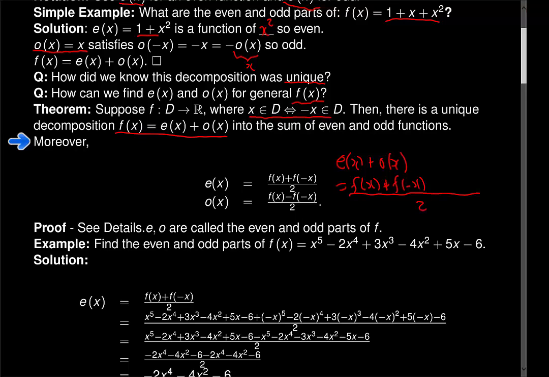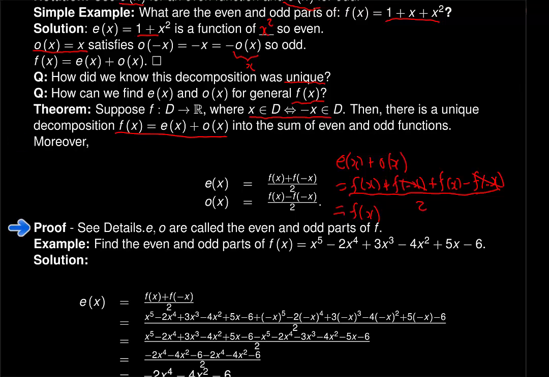And then you would get plus another f of x, so those first two terms are from the even part, and then you're going to get a minus f of minus x. This is going to cancel with this, and then you're going to have two f of x's, so this, of course, is equal to f of x. So it looks plausible, and the proof is actually relatively simple, but let's defer it.